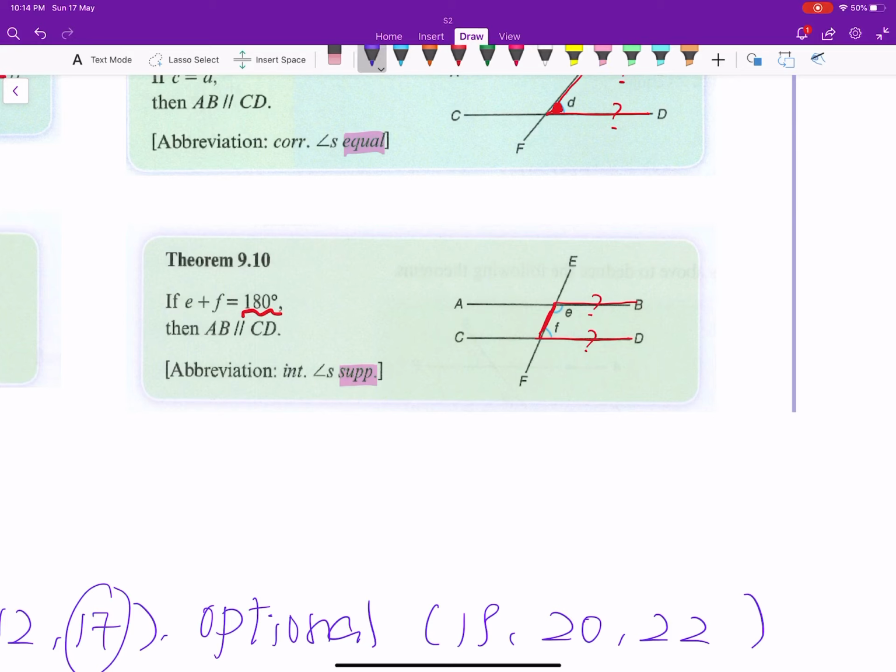SUPP means supplementary, so it means sum up to 180 degrees.